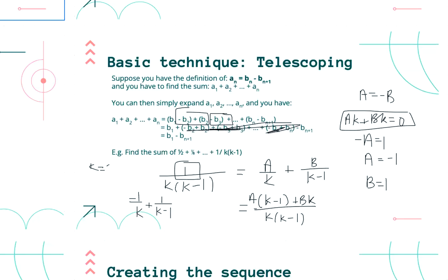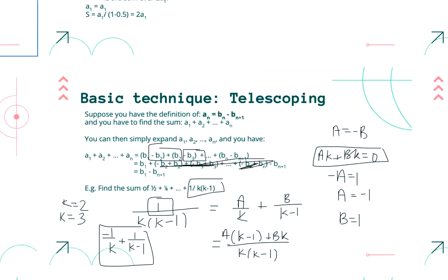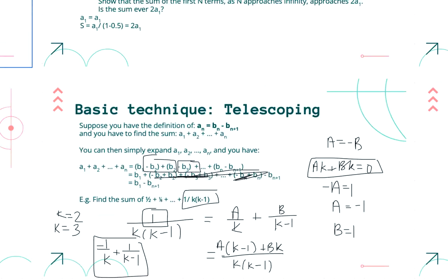So what we actually do is iterate through each value of k, but instead of using the original form, we're going to be using this form. And that will help us find some terms that can cancel out. So when k equals 2, we have 1/2, right?